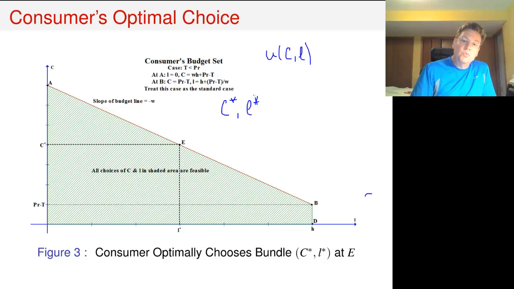The consumer's willingness to trade off leisure and consumption is called the marginal rate of substitution, and we abbreviate it as MRS. Because it's the marginal rate of substitution of leisure for consumption, we put little subscripts L, C. So the consumer's optimal choice is going to have to be to set the marginal rate of substitution equal to the wage.